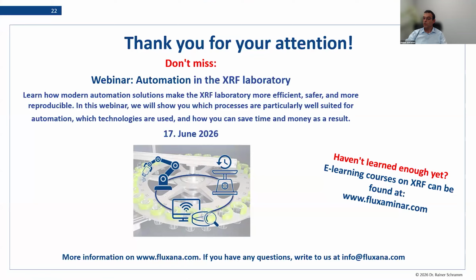Okay, any more questions here? Yeah, there's another one. Does LOI need to be included always as balance during calibration or as an auxiliary element? The LOI needs only to be included when it plays a role.